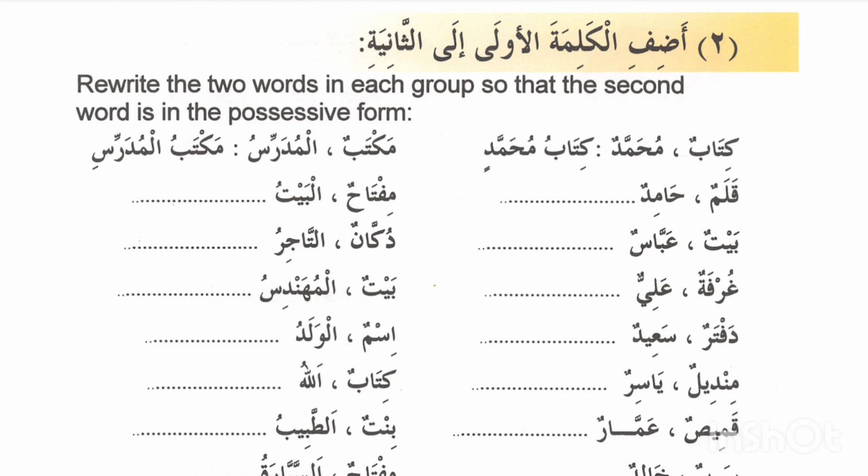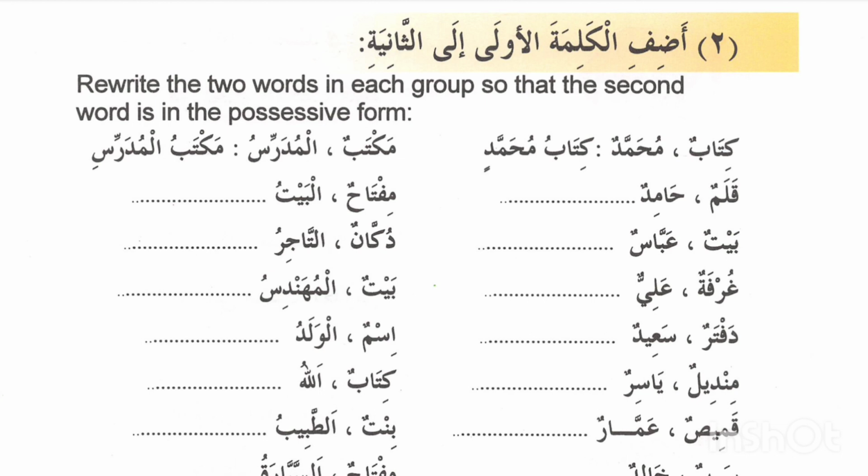غرفة علي Ali's room. بيت المهندس the engineer's house. دفتر سعيد Said's notebook. اسم الولد the boy's name. منديل ياسر Yasir's handkerchief.